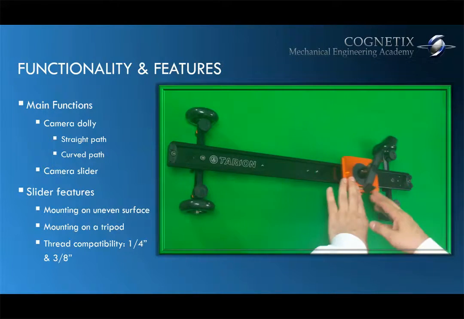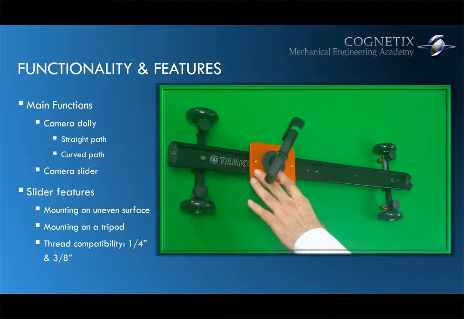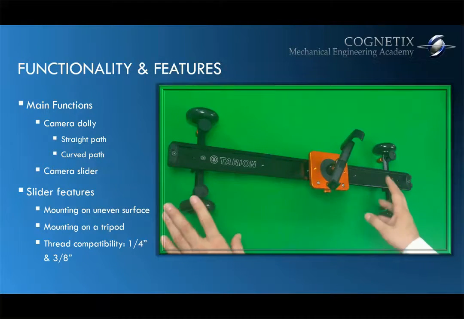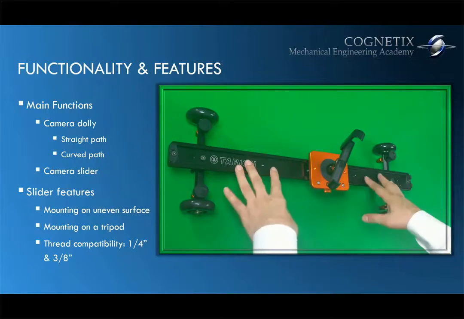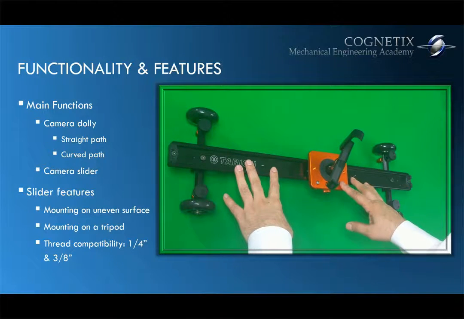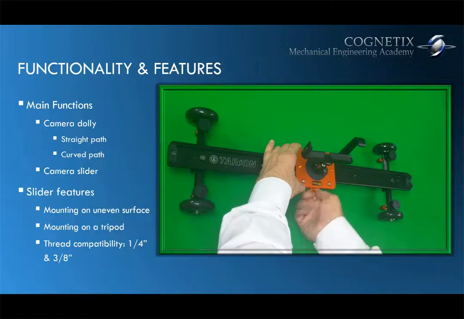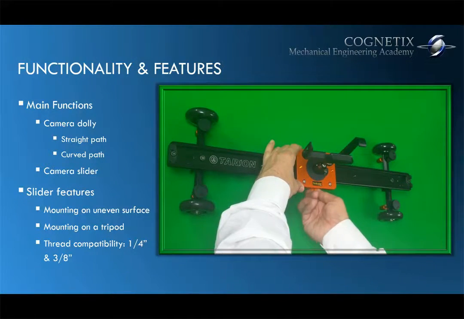This is the slide functionality, and now let's talk about its use of the same product as a camera dolly. In the case of a camera dolly, the slider function would be fixed. So we turn this knob here.